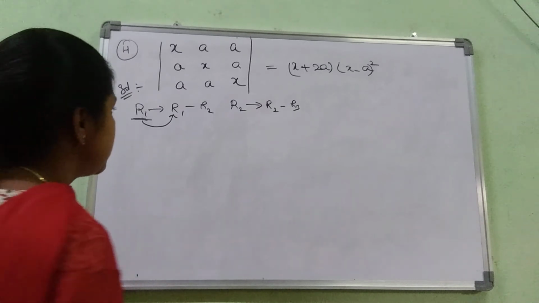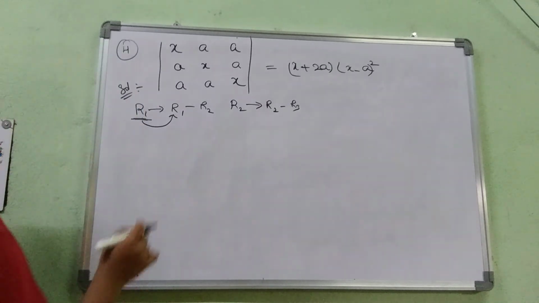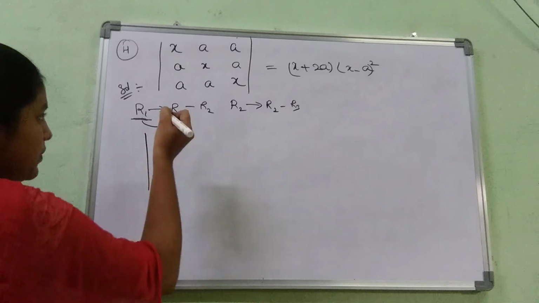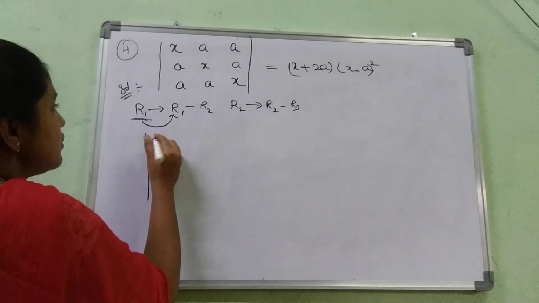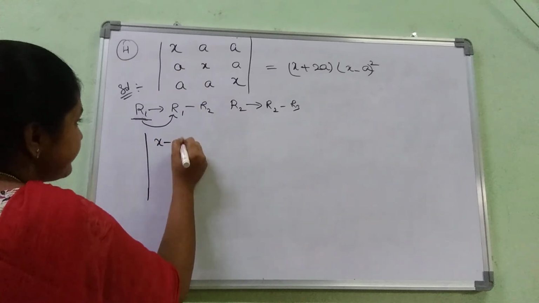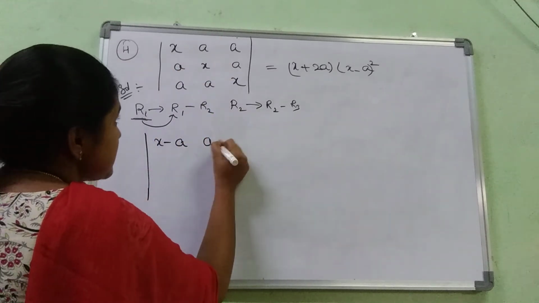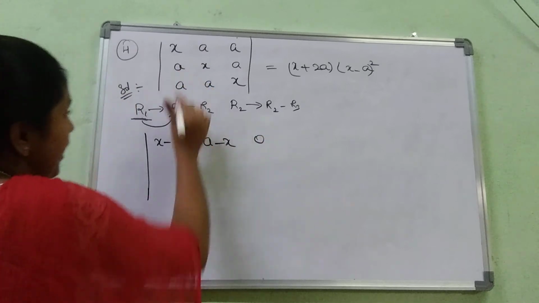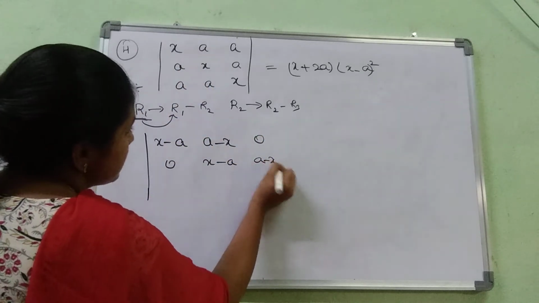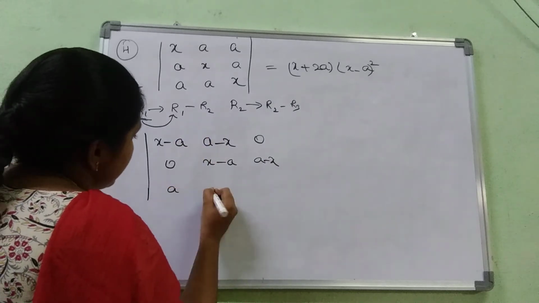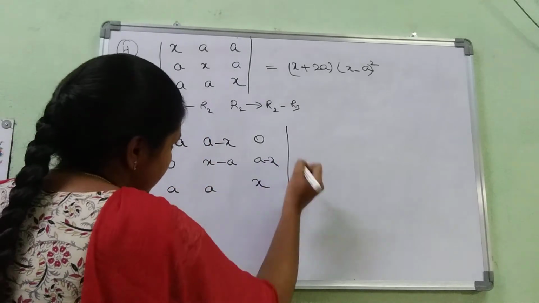Okay, so that is the important thing. Therefore after doing these row operations, the matrix will be x minus a, a minus x, a minus a 0, a minus a 0, x minus a, a minus x, and row 3 we are not doing anything, so a a x. Keep it as it is.